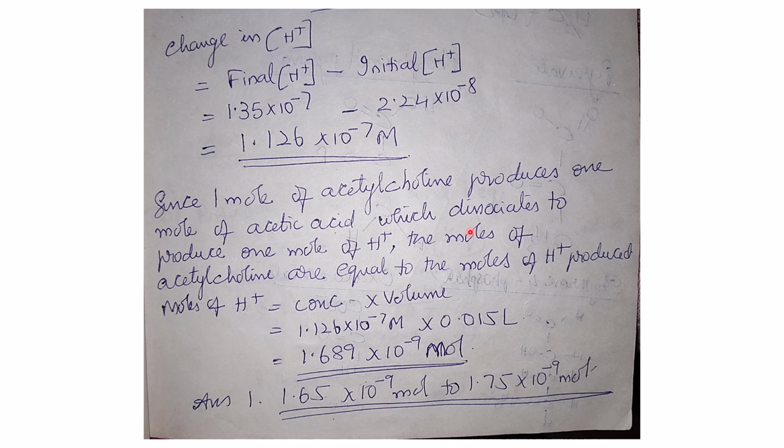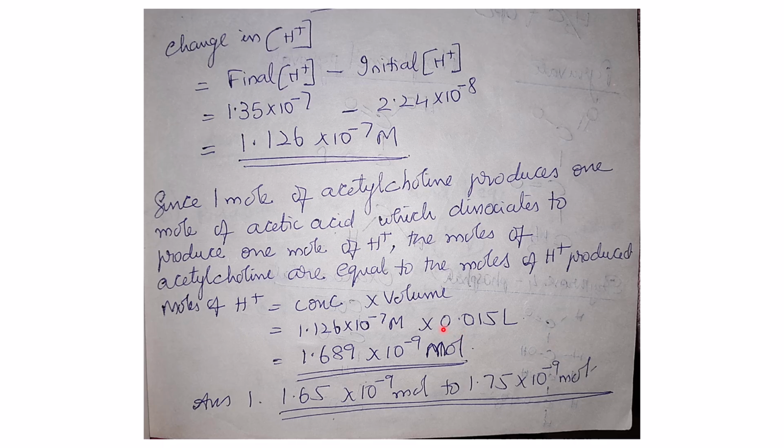Now I told you the moles of acetylcholine will be equal to the moles of H plus produced. So what will be the moles of H plus produced? They have given the concentration in molarity, so that will be equal to molarity into volume. So it will be 1.126 into 10 raised to minus 7 molar into the volume, which they have given as 15 ml.